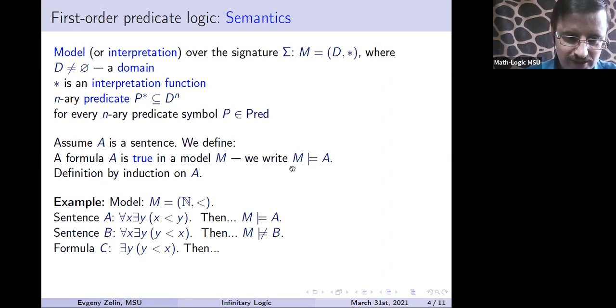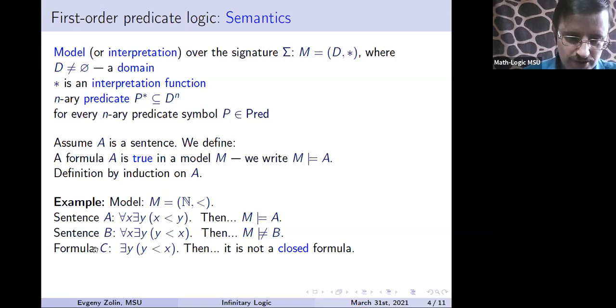And for this reason, we can't define this notion only for closed formulas by induction, because when we decompose, when we remove quantifiers, we obtain formulas like this with free variables. And what shall we do? We need an assignment. For example, we can say that in this model M, this formula C is true. C of 7 is true, because if x is 7, then of course there is y, which is smaller.